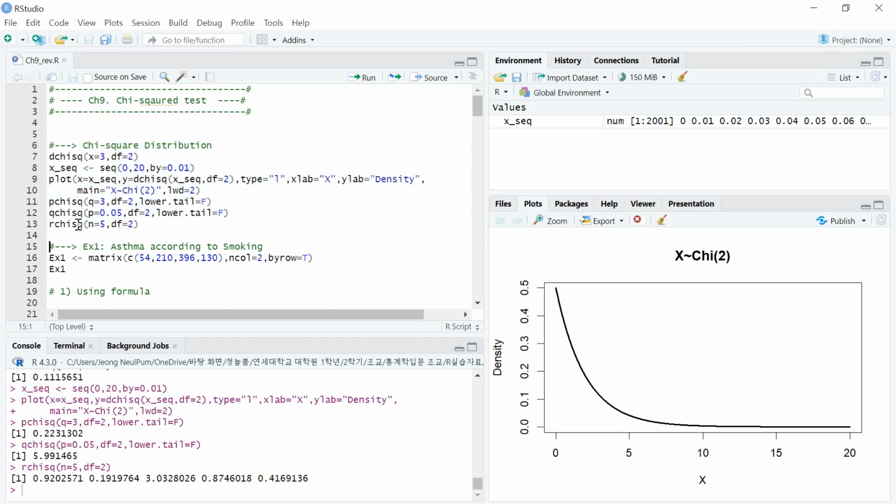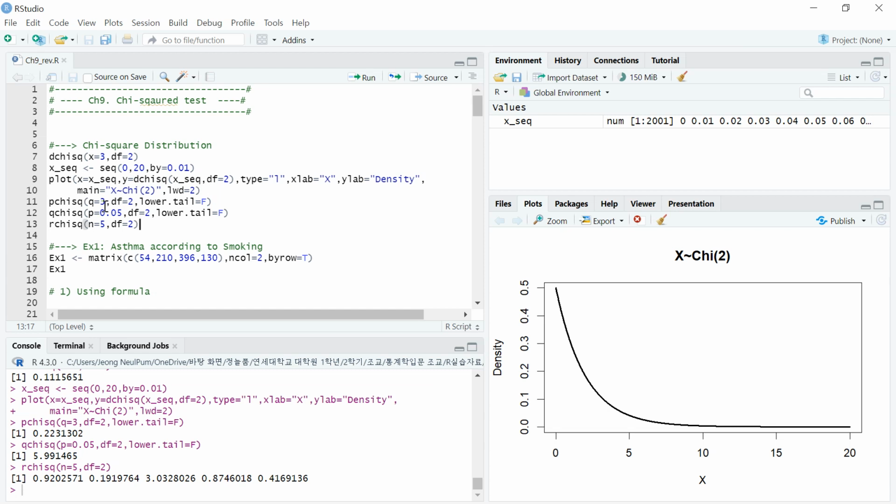As you already know about the functions in R programming which deal with distributions, the chi-square distribution also has 4 kinds of functions: p chi-square, q chi-square, r chi-square, and also d chi-square. d chi-square gives us the density, p gives the percentile, q the quantile, and r some random samples from the chi-square distribution.